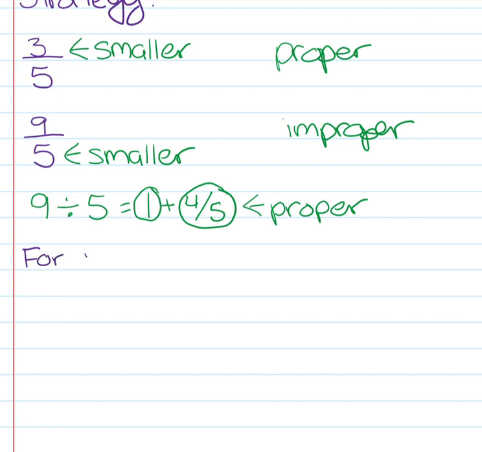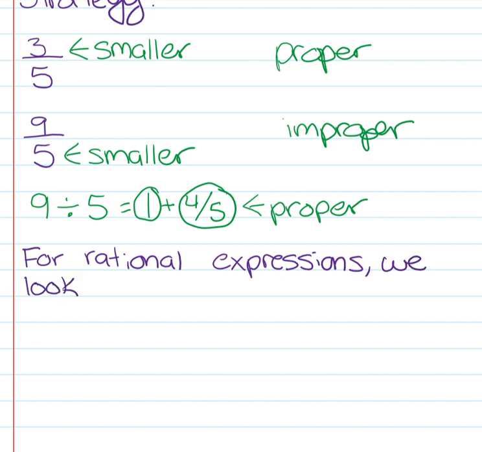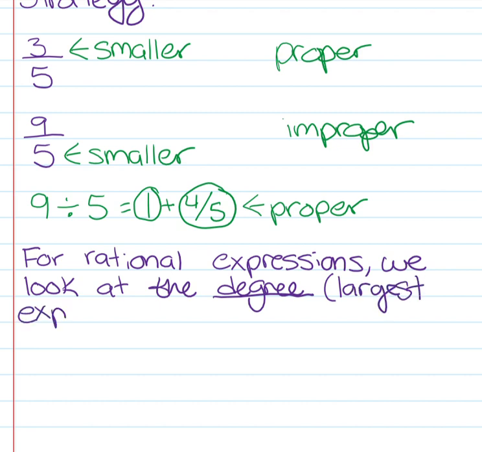So for rational expressions, we're not just going to look at the numbers like we do with the fractions. For rational expressions, we look at the degrees of the numerator and the denominator. Remember, degree is that fancy math term for the largest exponent in an expression.